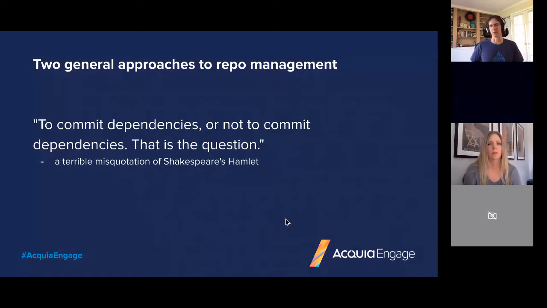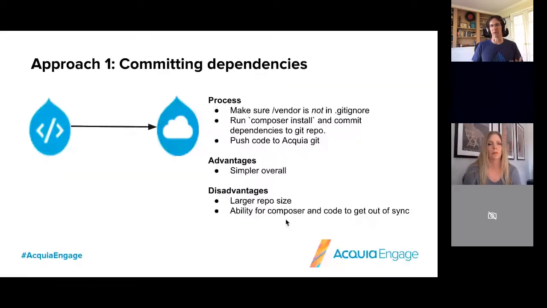So it's a direct interface and direct code exchange between the Cloud IDE environment and the Acquia Git repository. The advantage of this approach is that it's a simpler overall technical approach. And for deployments in cases, it can be a faster mechanism of doing things.